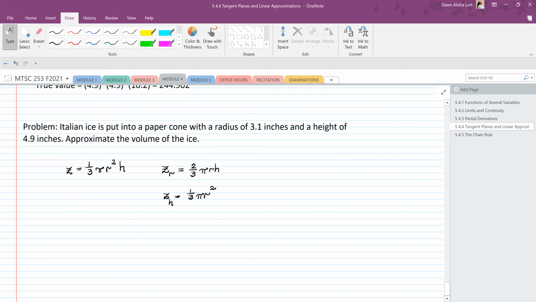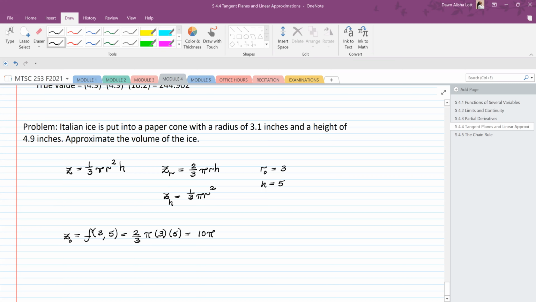So now it's easy to calculate if r naught is 3 and h is 5, that's a fairly easy answer to figure out, because Z naught equal to F of 3, 5 is 2/3 pi, r is 3, and h is 5. So that's 10 pi.